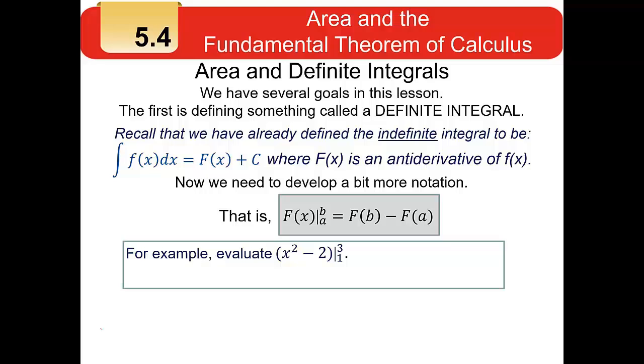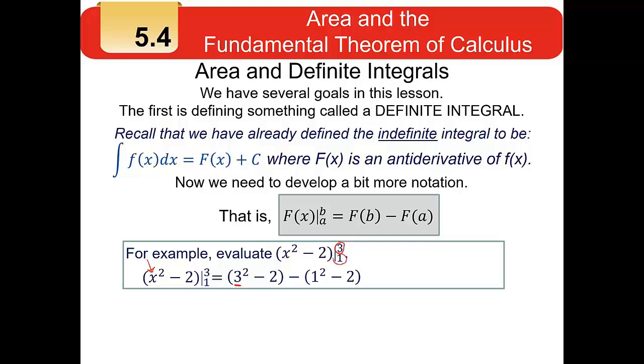For example, if I gave you this expression x squared minus 2 and put it in that notation with the limits 1 and 3, 1 being the bottom number, 3 being the top number, all you do is take the top number, this time being a 3, plug it in place of x, and so instead of x squared minus 2, you get 3 squared minus 2.